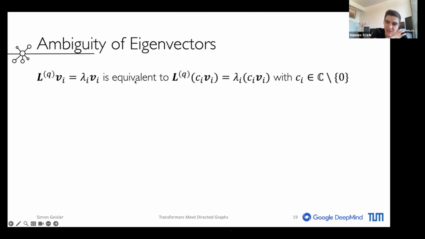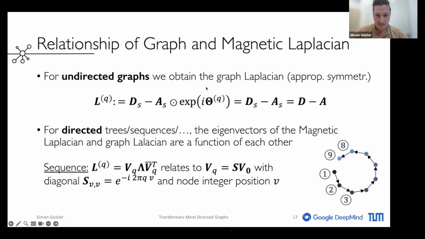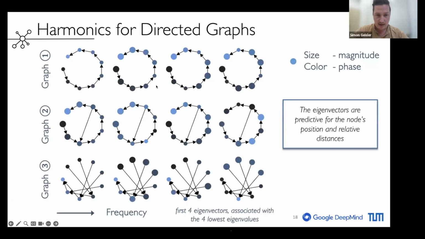Is the phase ranging from 0 to 180 or 0 to 90 when coloring the nodes? It depends. What I'm going to discuss in a couple slides is that there is this potential Q, and this potential Q in the end determines how much the phase shift will be. So depending on your hyperparameter choices, the phase shift might be very small, or it might be even multiple rotations.